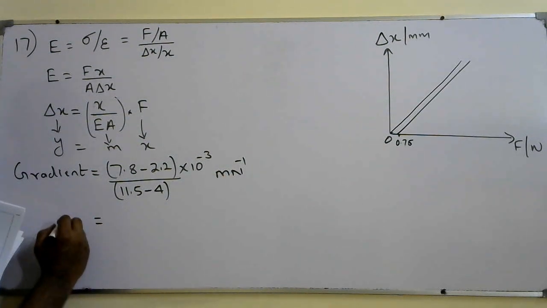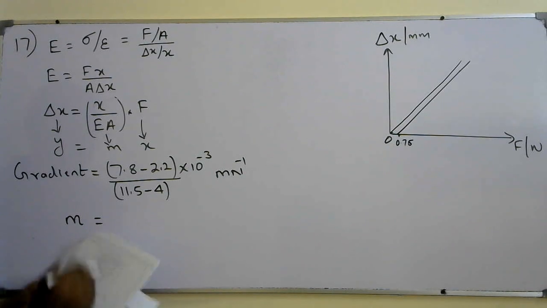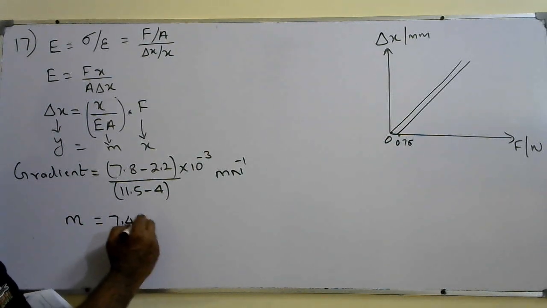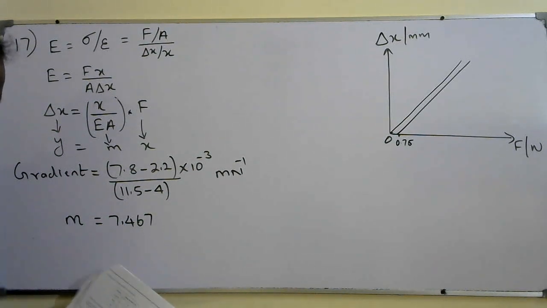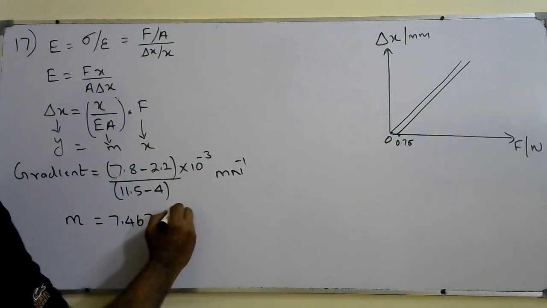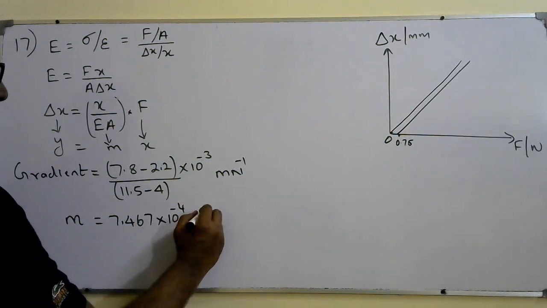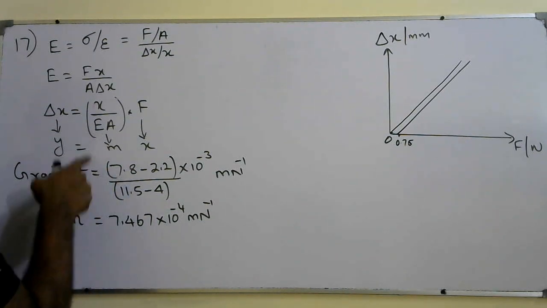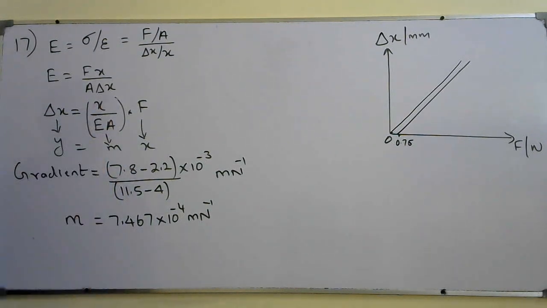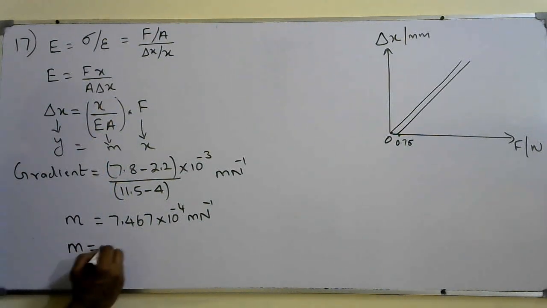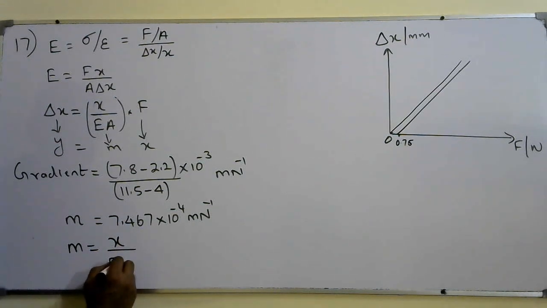So the gradient, that is m, becomes 7.467 into 10 to the power minus 4 meter per Newton. Right. So the gradient is x over EA. So m is equal to x over EA.